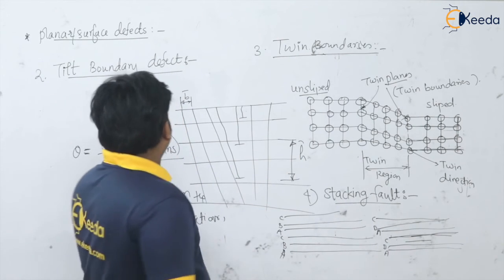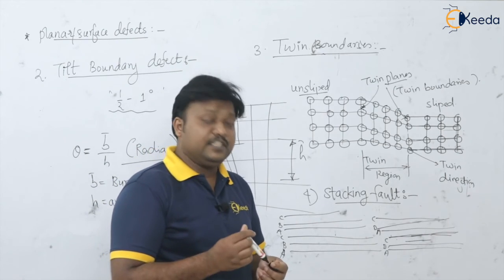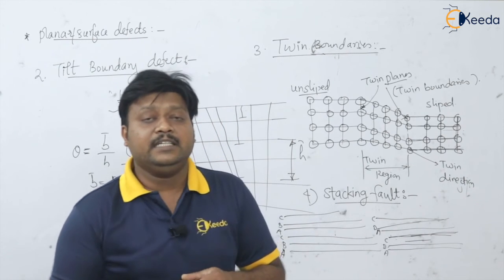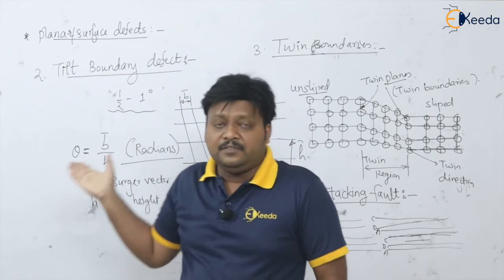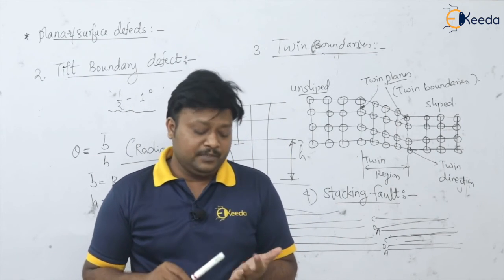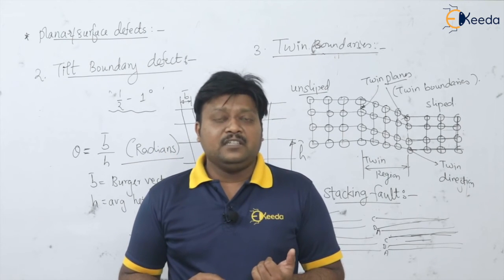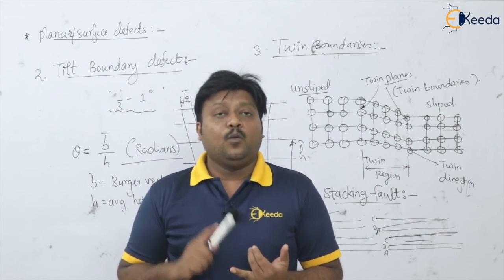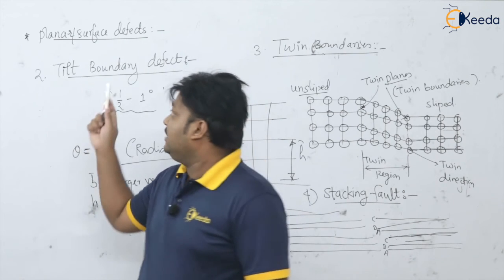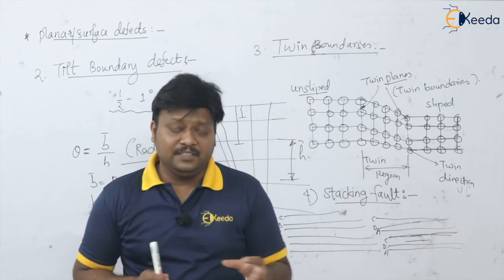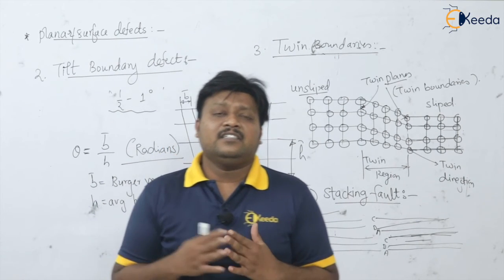So dear students, we have seen the classification of imperfections, that is the planar or surface defects. We have seen the imperfections in the crystal, which are 0 dimensional, that is point defects, 1 dimensional, that is line defects, 2 dimensional, these are planar or surface defects, and one more, the 3 dimensional defects.